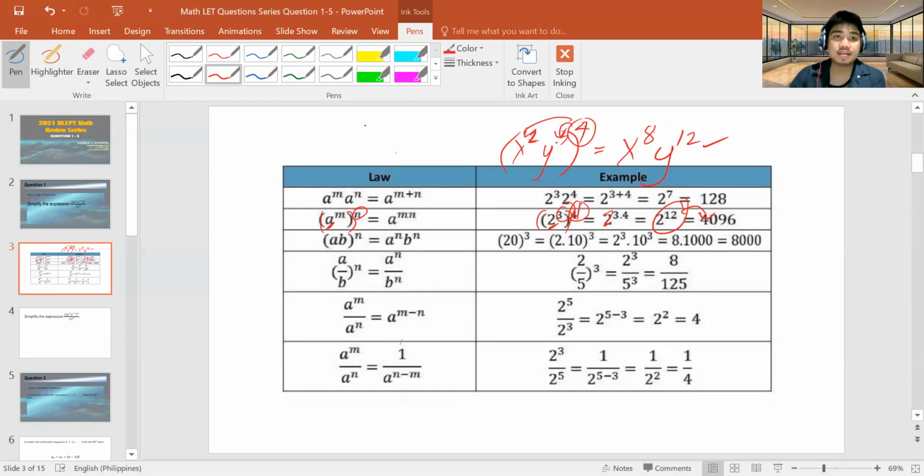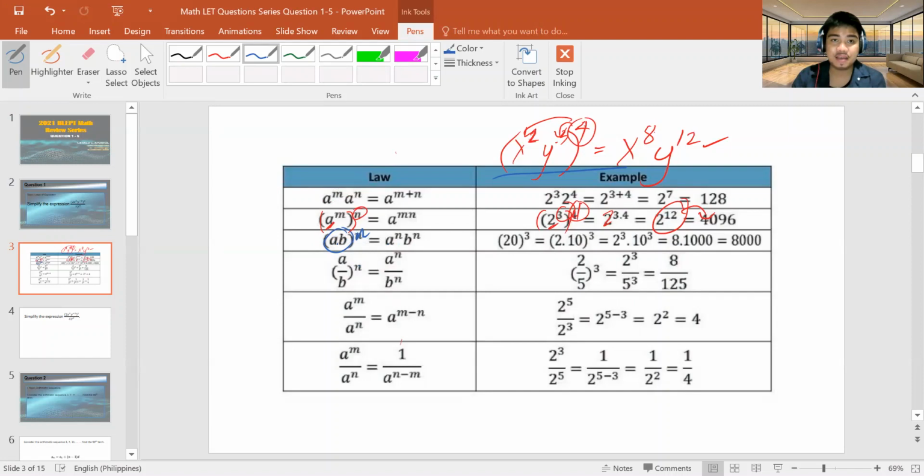Okay, we have the third example. Yung third example naman natin, ang tawag natin dyan is power of a product. So, meron tayong product dito and then naka-power siya. So, ang ginagawa natin dito, we're just distributing the exponent sa lahat ng factors sa loob.